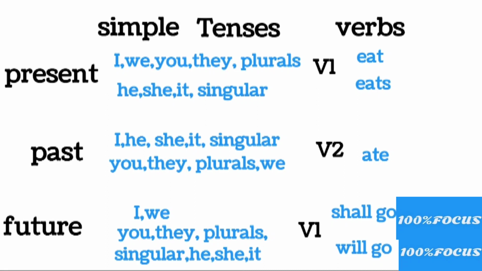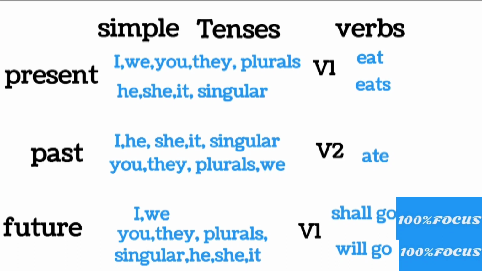We are adding s to the verb. For the action word we are going to add s. He eats, she eats, it eats. Singular means a name or a doctor, teacher, single person, like that.